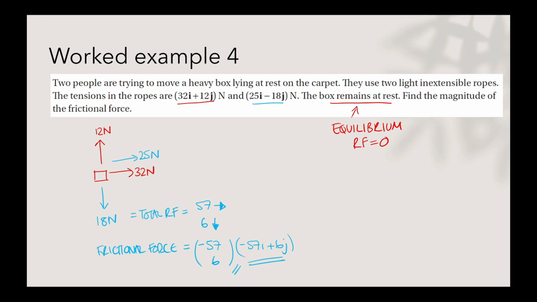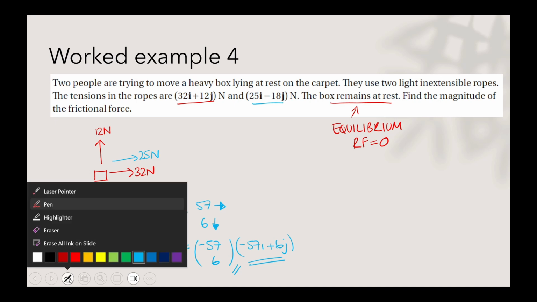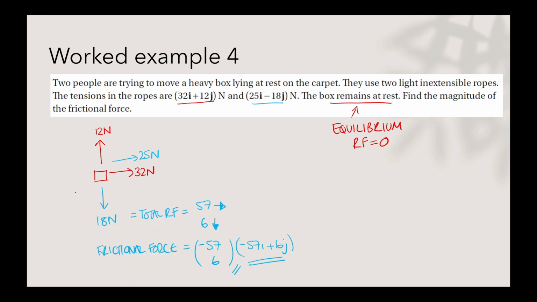Then it's a case of finding the magnitude. Now to find the magnitude, that's basically the size of the opposing force. If you think back to earlier in the video when we looked at questions involving the magnitude, if I have my object, we're going 57 in this direction, and then I'm going 6 up from there, and the frictional force is heading in this direction, and it's x that I'm wanting to work out.